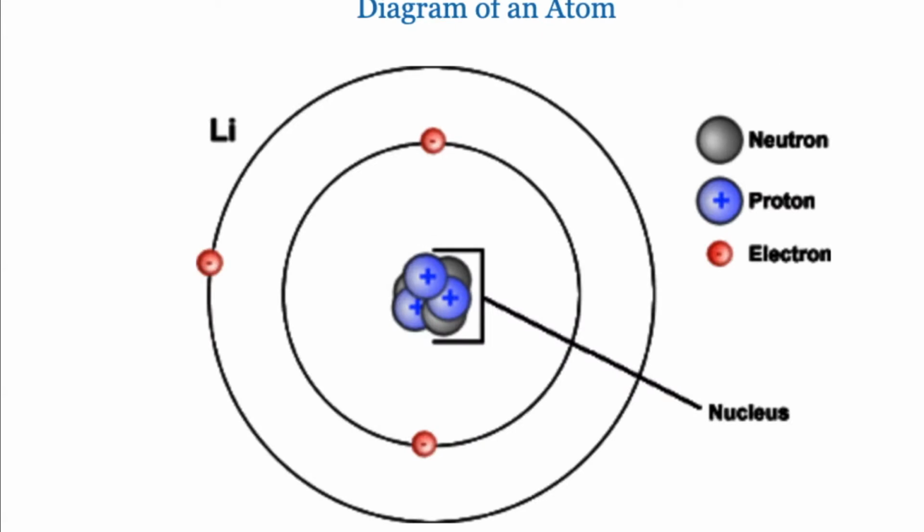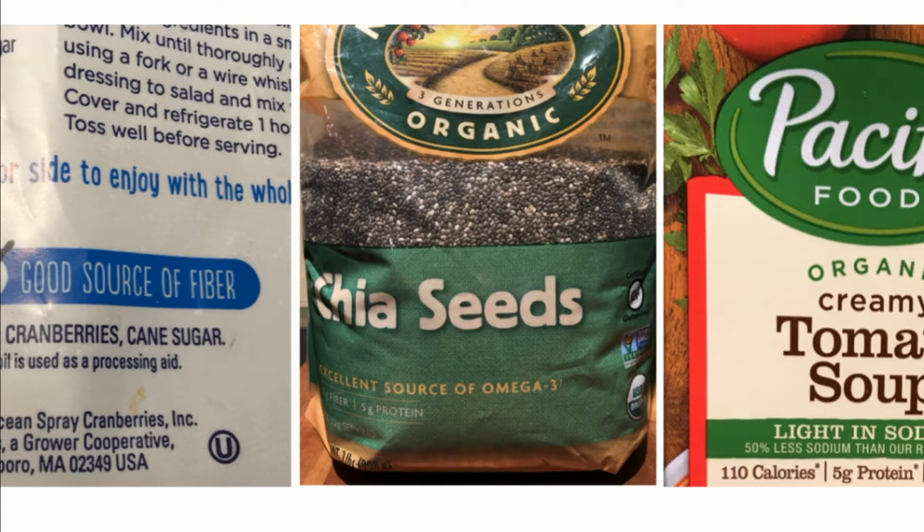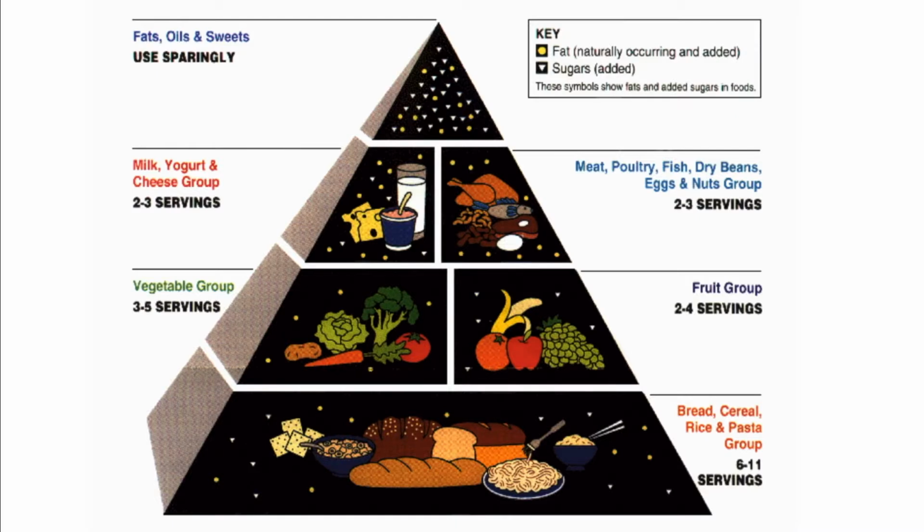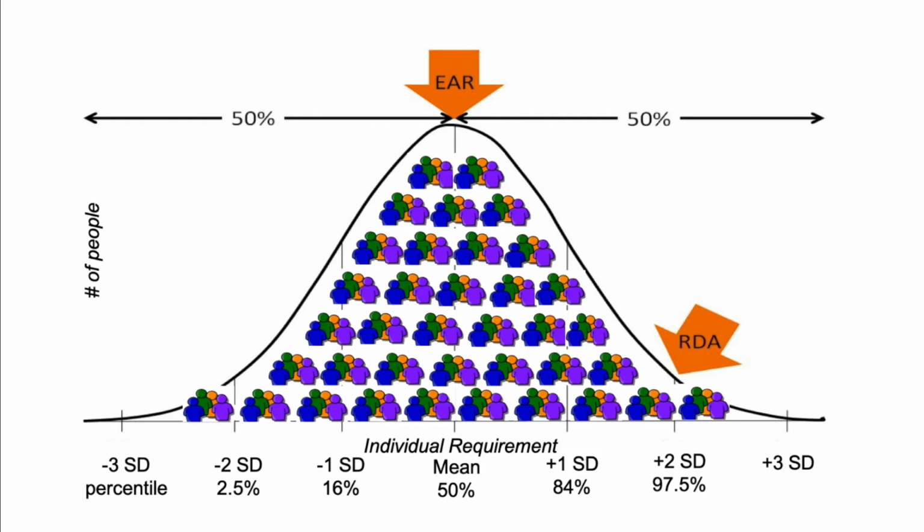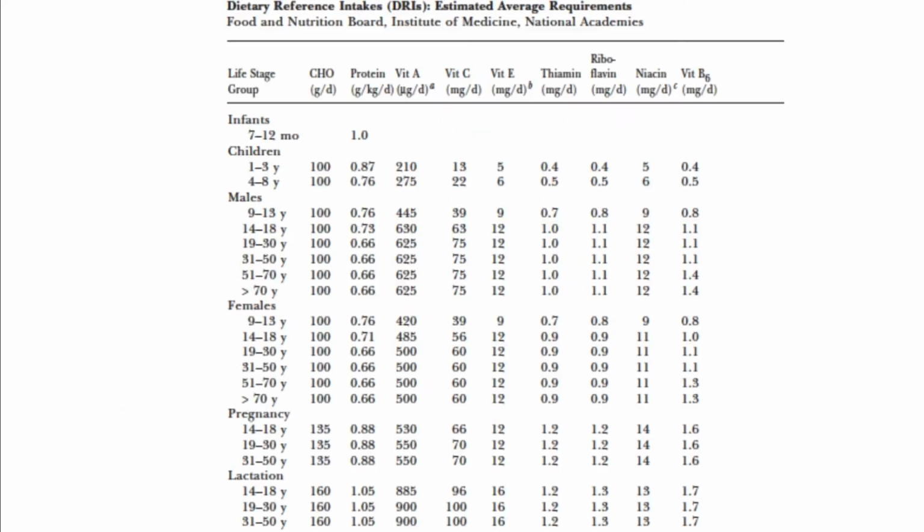They are special molecules that contain carbon atoms covalently bonded with hydrogen atoms. There are 3 classes of biological macromolecules or macronutrients that we will study in this course: carbohydrates, lipids, and proteins.